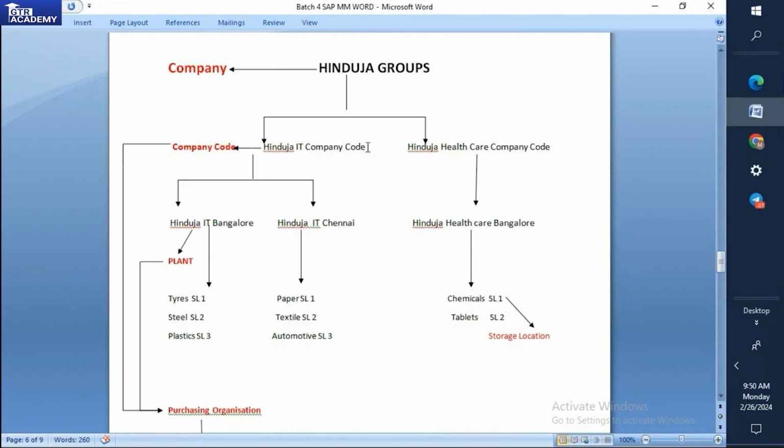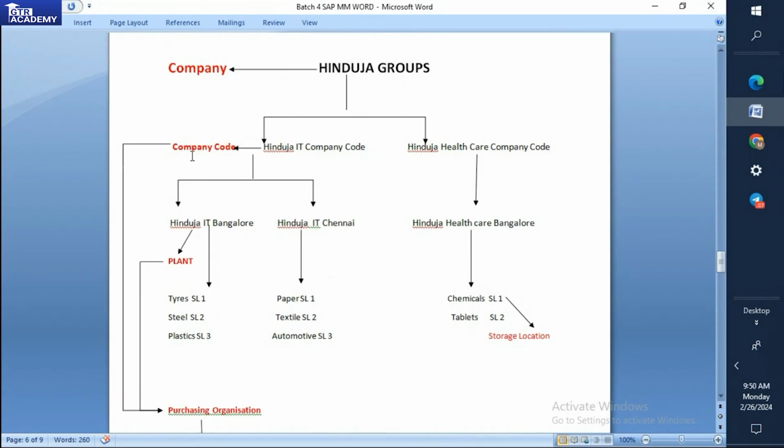Like IT maintains all its data, and the healthcare domain maintains all its profit and loss data. This is the main difference, and it comes below the company level. Understood now? Yes. Okay.